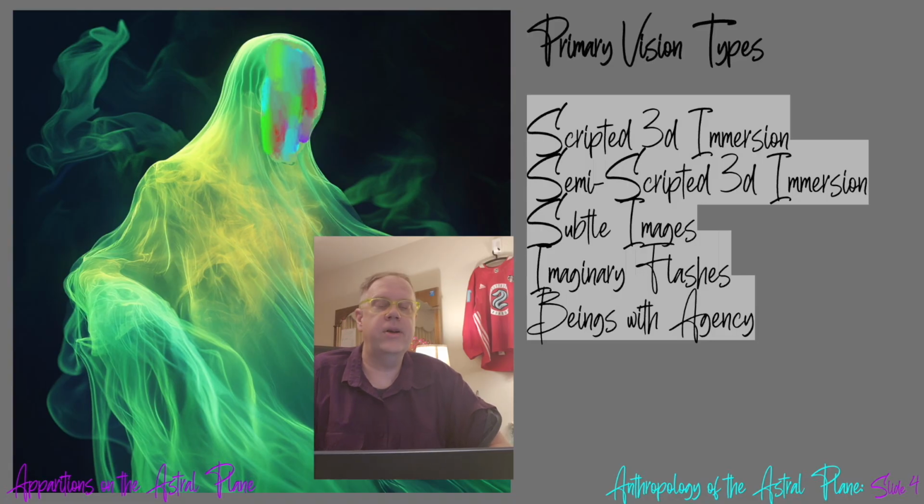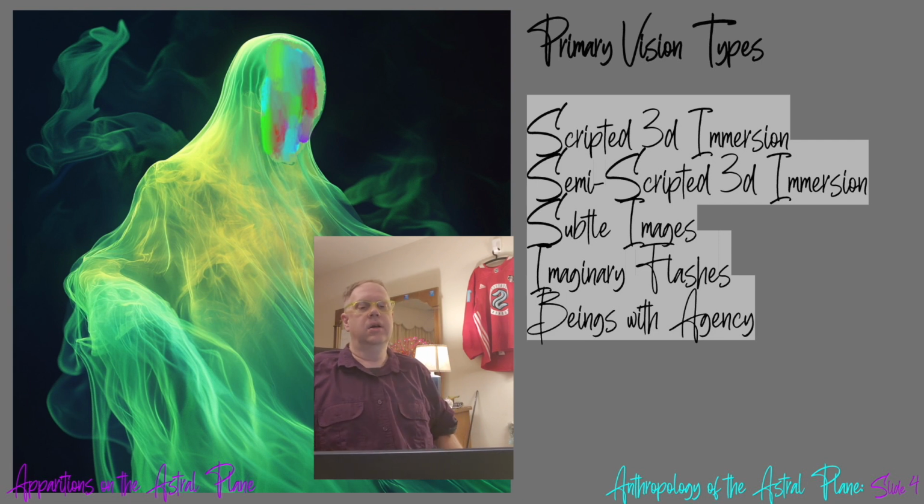Now here are your primary vision types, and this is important if you want to understand the whole psychonaut program. The main type of vision you will get when you use this technique is what I call scripted 3D immersion. That means it's a 3D immersive movie in your mind where you're there in it, moving around, except you're not controlling your motion.